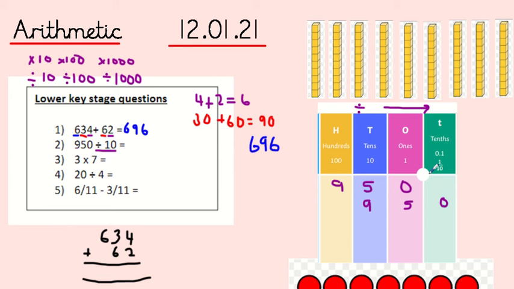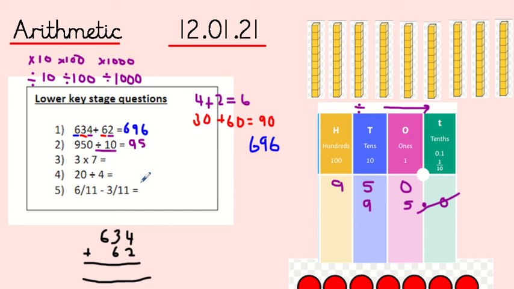Now, you'll notice that we've moved into the tenths column, and therefore we have to remember our decimal point. This number becomes 95.0. Do we need to keep the .0, Year 6? That's right, we can ignore the .0, so my answer is 95.